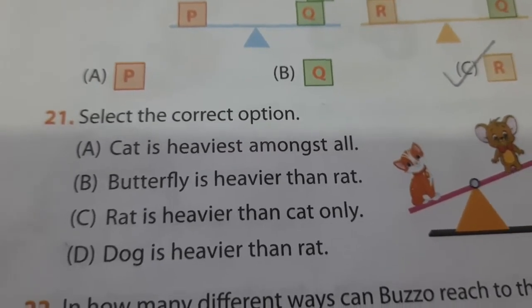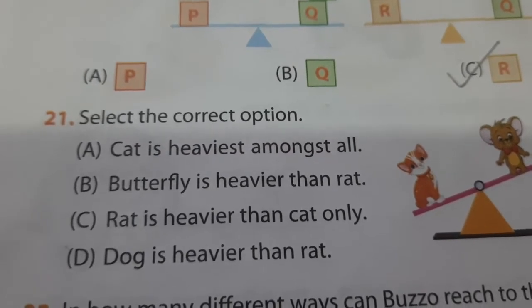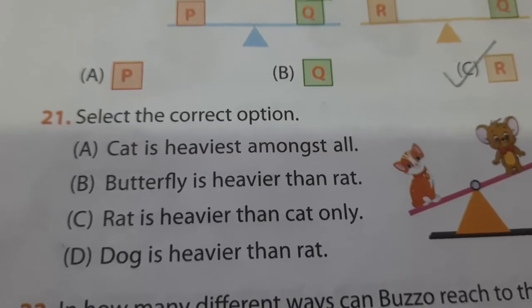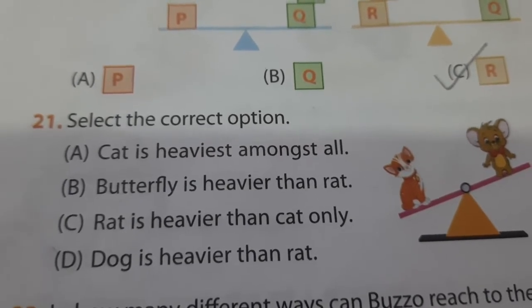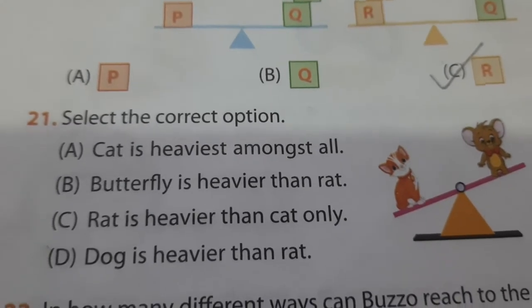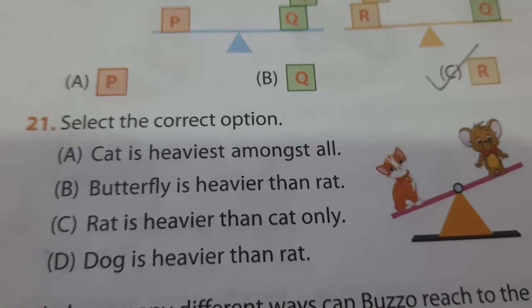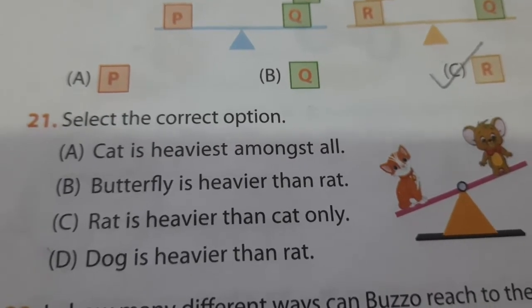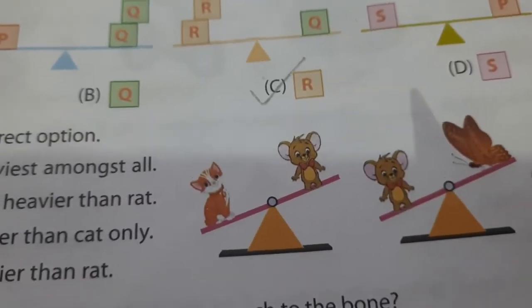In fact, butterfly is the lightest one. Right. So this is also not a correct option. Rat is heavier than cat only. No, that is also not the case because rat is definitely not heavier than cat. Rather, it is lighter. And if we have to say rat is heavier than, then it is butterfly, isn't it? So that's also not a correct option.